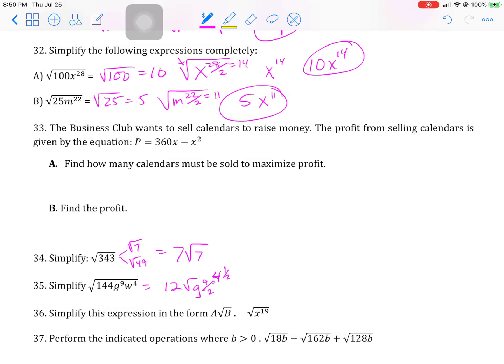So that's for just the G's. 4 of them came out and 1 stays in. Okay, that's how I do these. I hope that's helpful. That's a 2, so that's W squared. So the final answer for this one is 12G^4, W^2 square root of G. Okay.